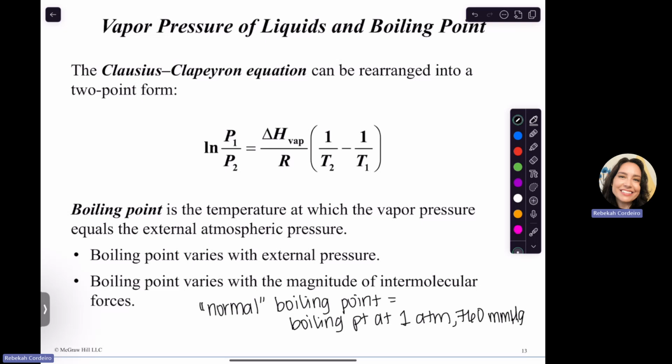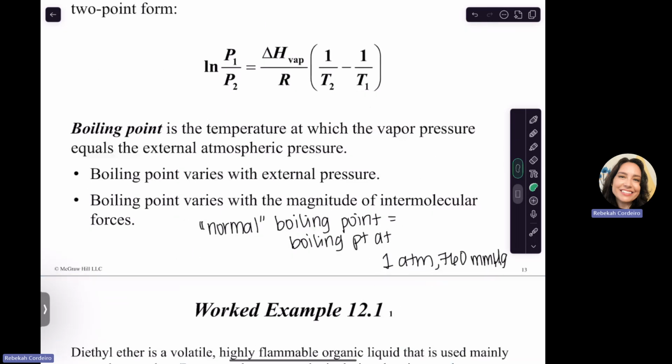So normal boiling point is the boiling point at atmospheric pressure.